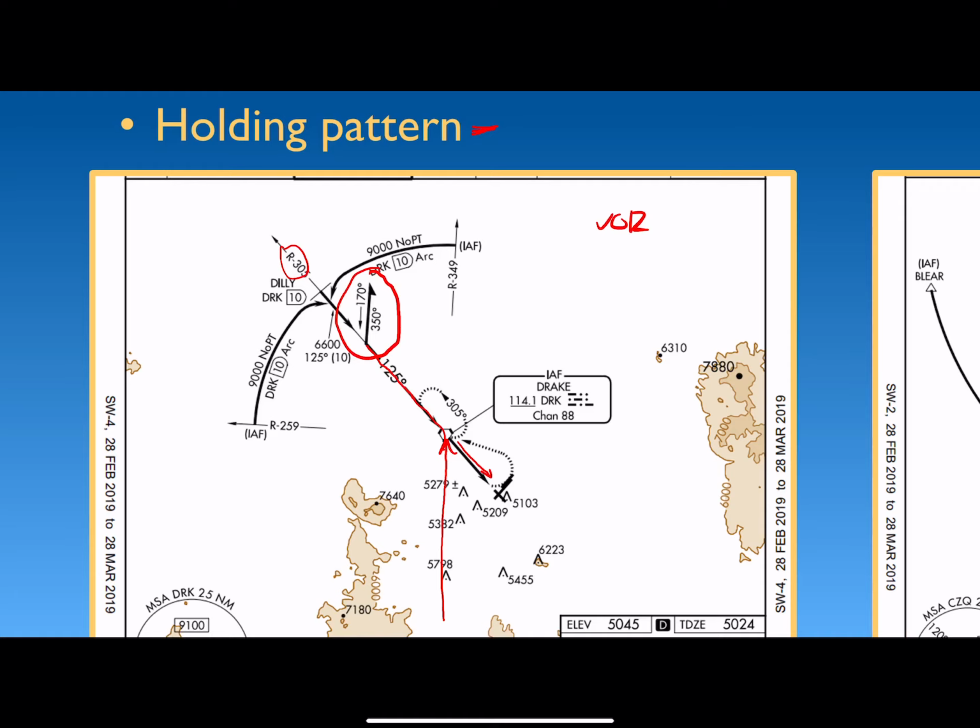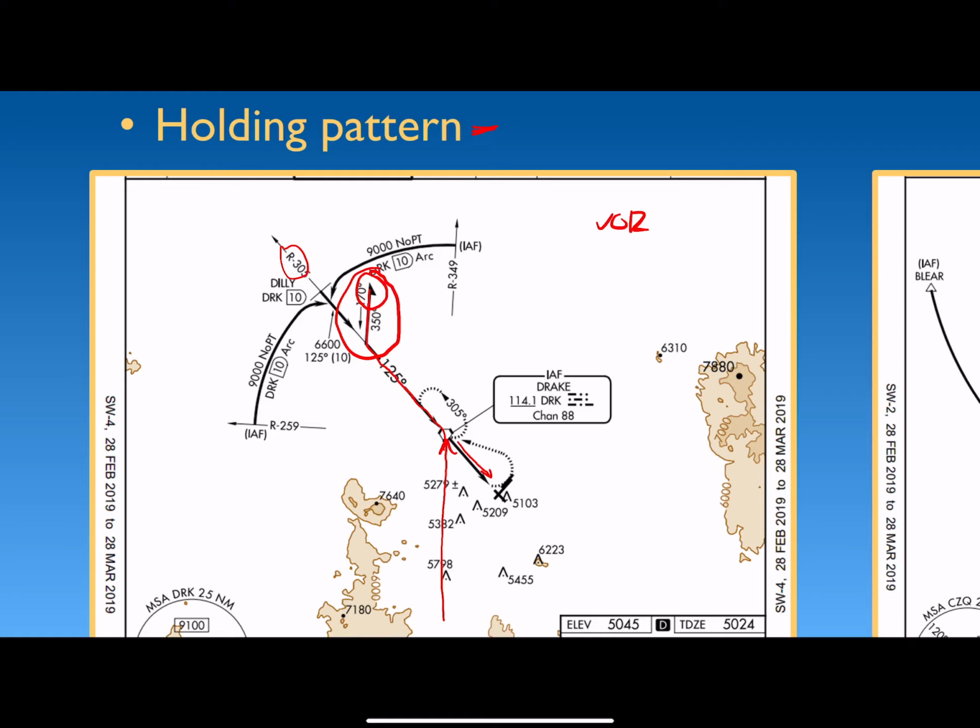So I would make a right turn and fly outbound for 1 minute on a heading of 350, and then after a minute I would turn back inbound to intercept the 125 back to Drake. And if you ever wonder which direction do I turn, you can see here we have like a half arrow on the procedure turn. We call that the barb.